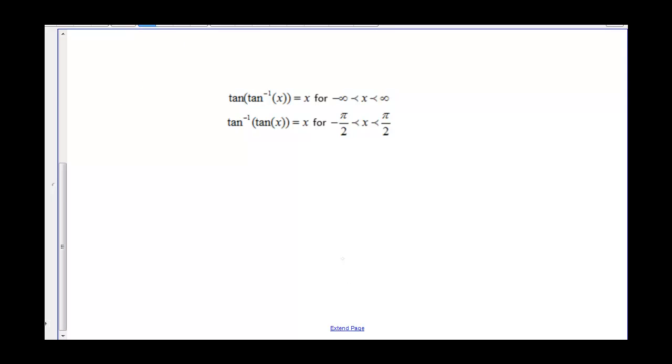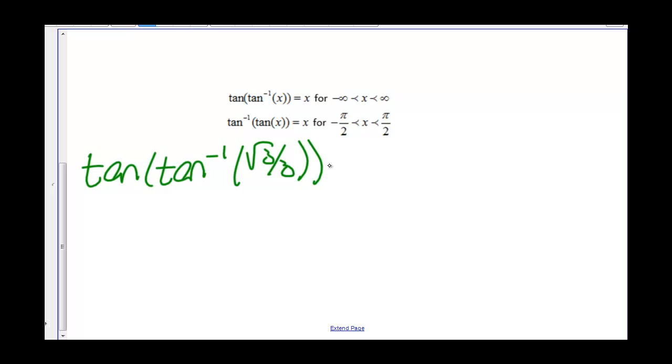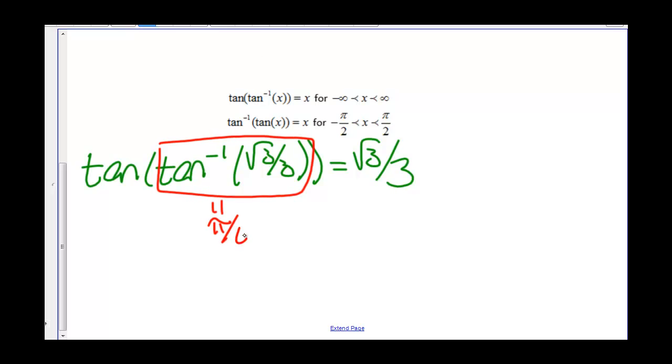If we evaluate the tangent of the inverse tangent of square root of 3 over 3, we're going to get back square root of 3 over 3. You can verify by hand: the inverse tangent of square root of 3 over 3 is pi over 6, and the tangent of pi over 6 gives us square root of 3 over 3.